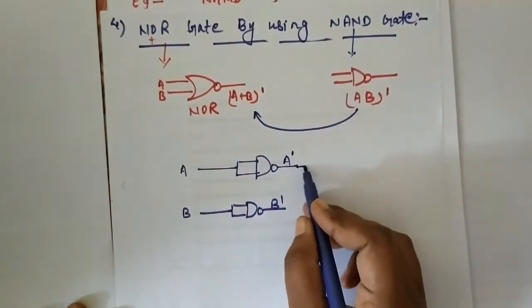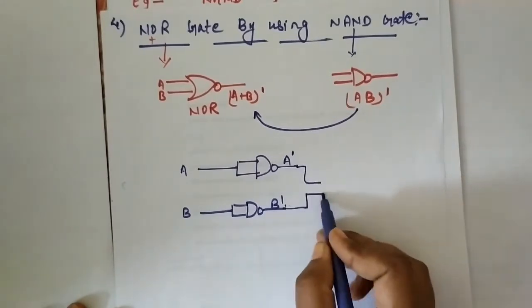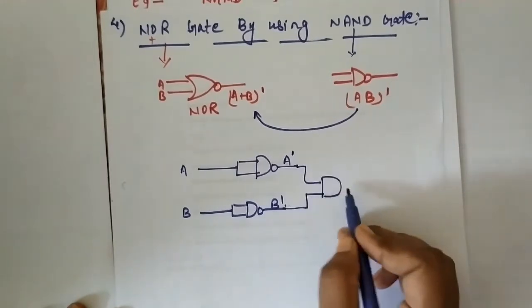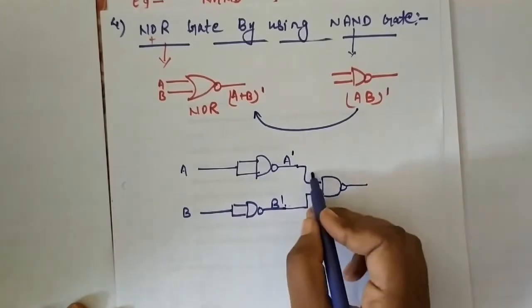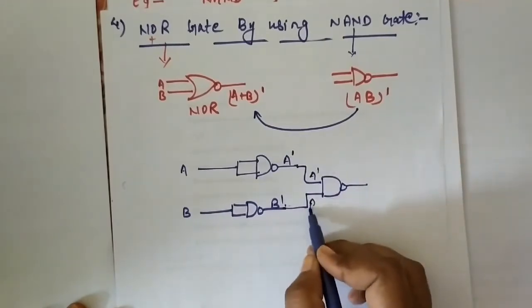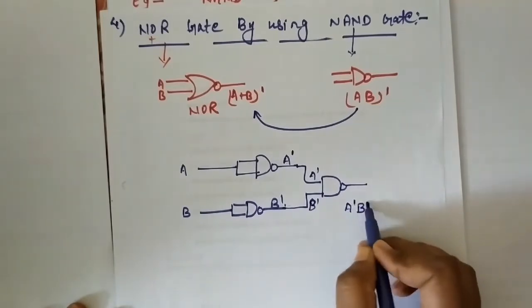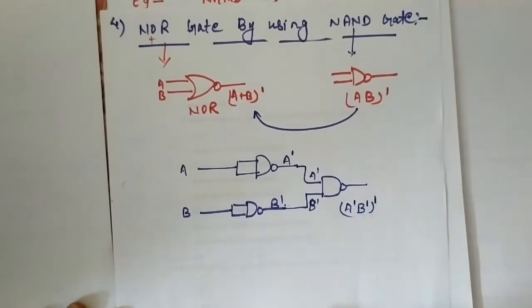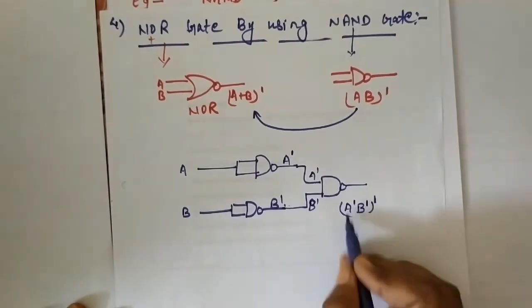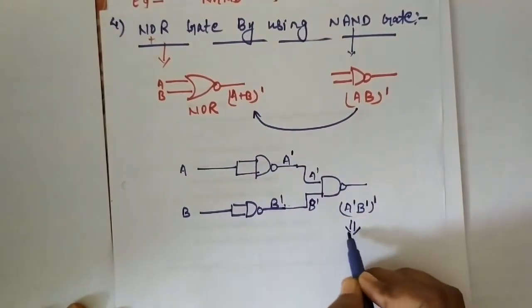After that, let's use one more NAND gate. So here is A dash and here is B dash. So what is the expression of this one? A dash into B dash whole dash. Clear? So let's convert this expression.